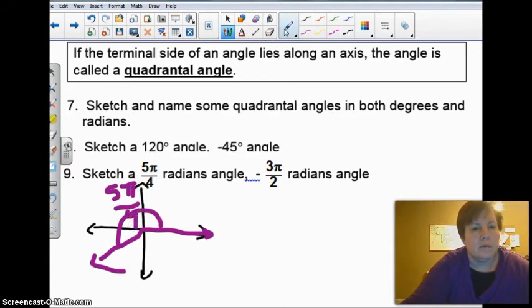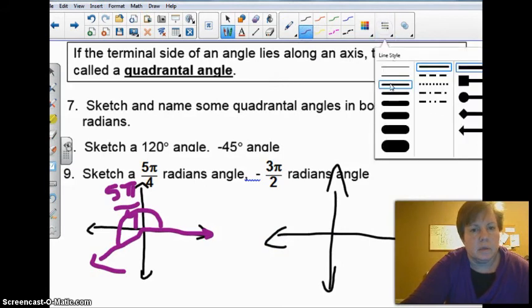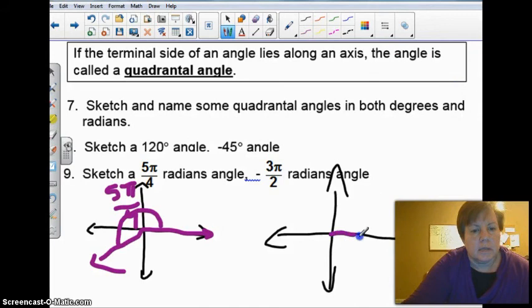All right, so for negative 3 pi over 2, start again with our axes, x and y. Going to start at the origin, go along the x-axis, each time, because we're drawing them in standard position. All right, negative 3 pi over 2.